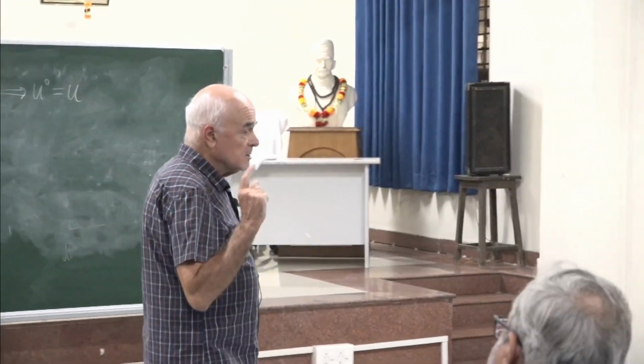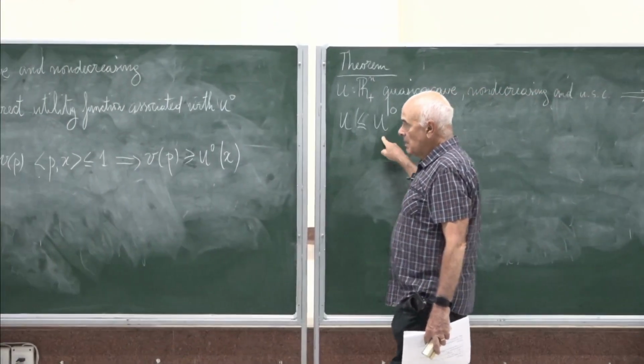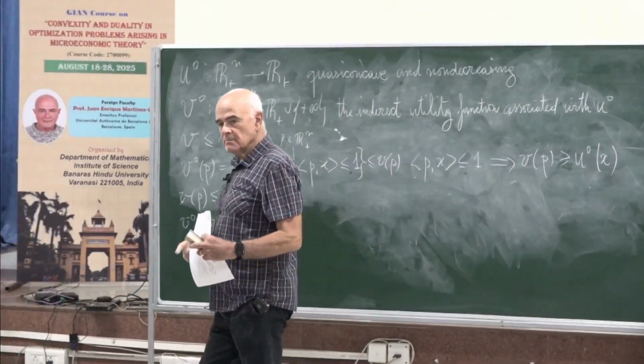Which means, among all the utility functions which give rise to the same indirect utility function, this is the largest, and the largest is quasi-concave and non-decreasing.